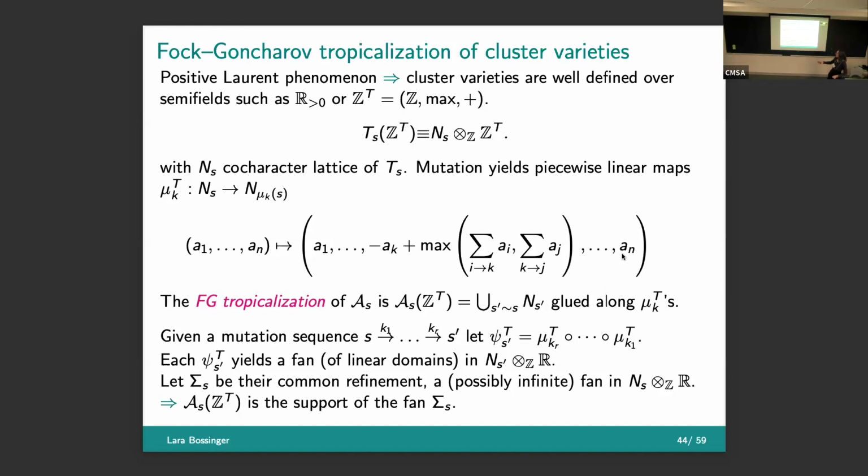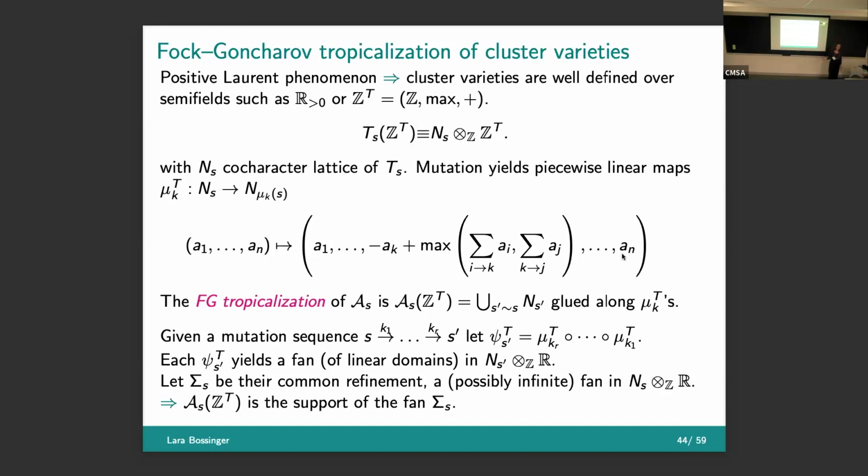The tropicalization, this abstract union of lattices, turns out to be the support of the fan that I get by doing the common refinement of all of these. It's well defined in the real vector space, the ambient of my lattice.